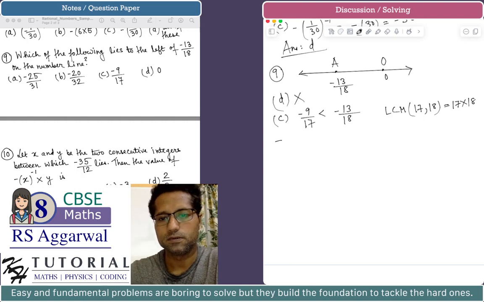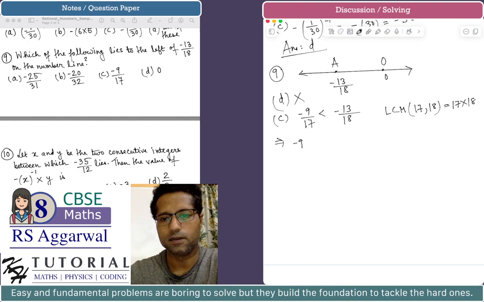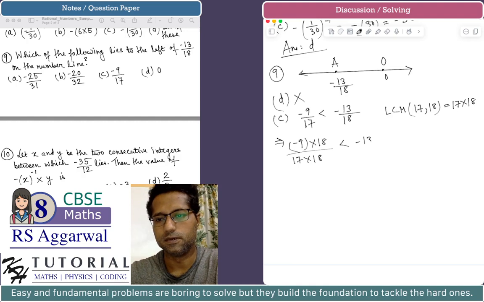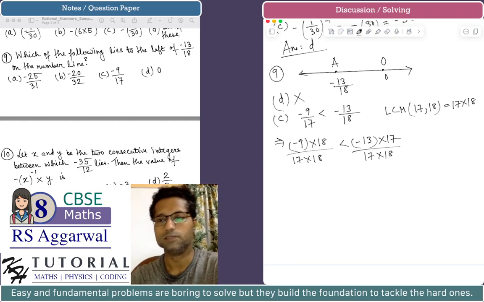So we are checking whether minus 9 by 17 is less than minus 13 by 18 or not. So we will have minus 9 multiplied by 18 divided by 17 into 18 is less than minus 13 multiplied by 17. So we have converted both rational numbers to their equivalent forms, so that both have a common denominator, the LCM of 17 and 18, which is 17 into 18.